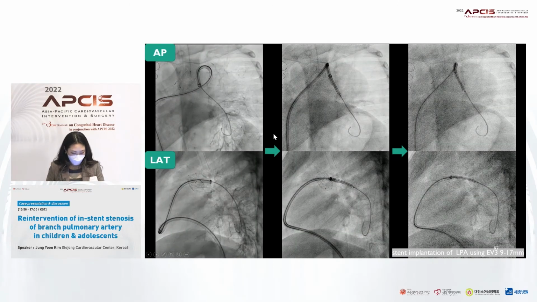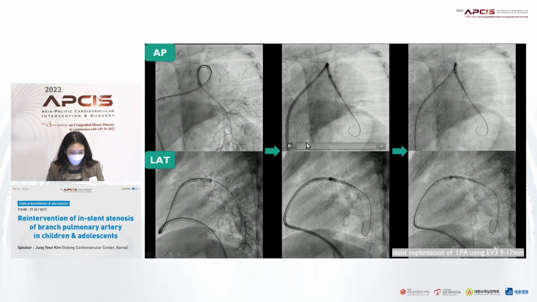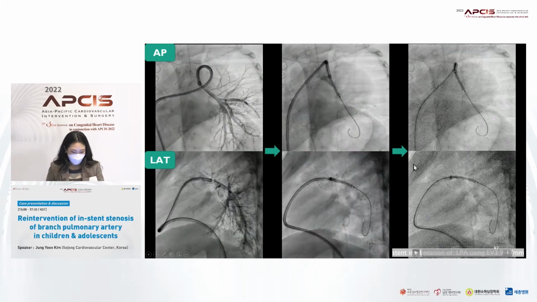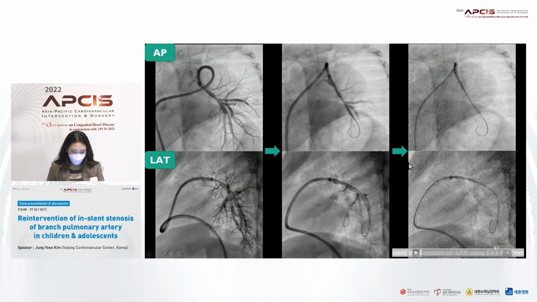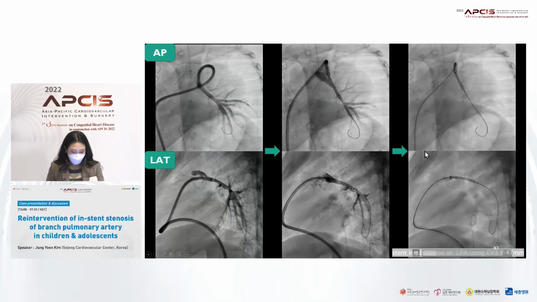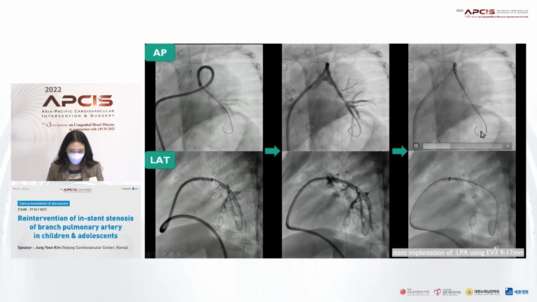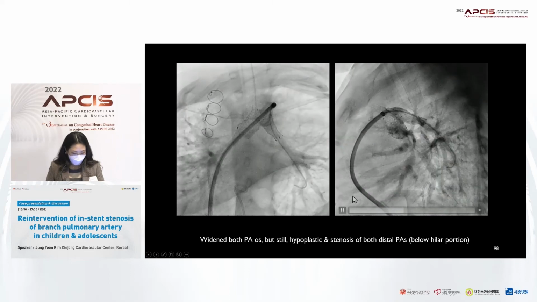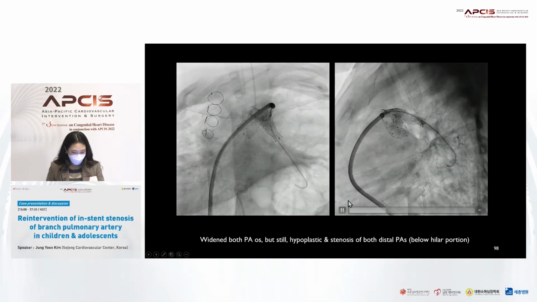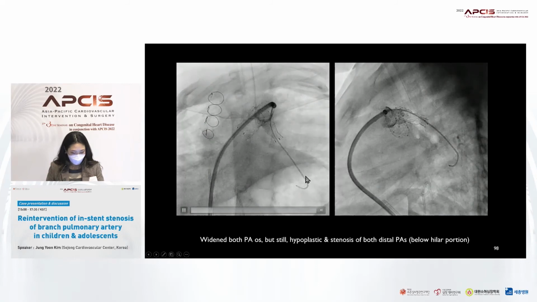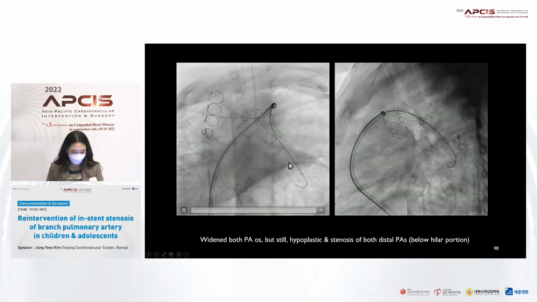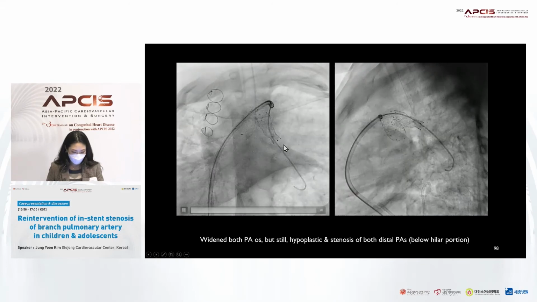And also the selective LPA angiogram before stent insertion, then placing the stent in the landing zone and checking the position again through the angiogram, and the stent was deployed successfully, I think. So this is the final angiogram. It shows wider both PAs, but still hypoplasia and stenosis of both distal parts, as you can see.